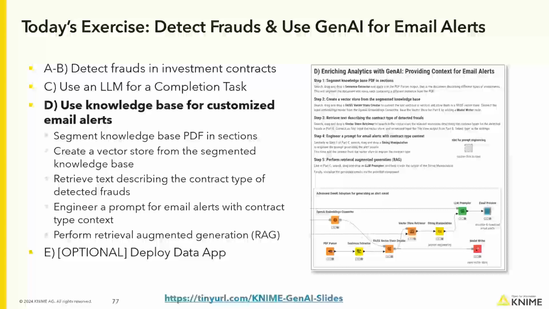We're going to create a vector store. We're then going to retrieve the parts of the document that we need with a prompt, of course. And finally, we're going to bring it all together to perform a sort of RAG process.